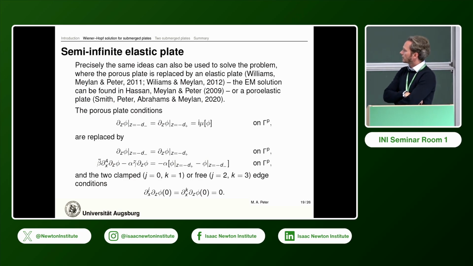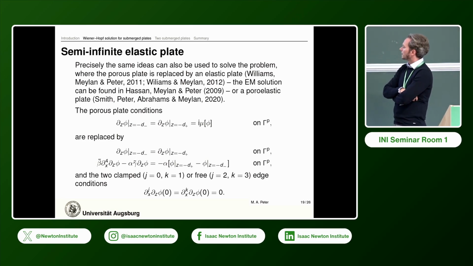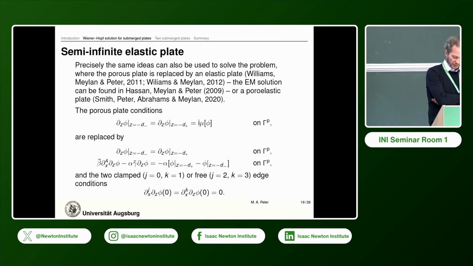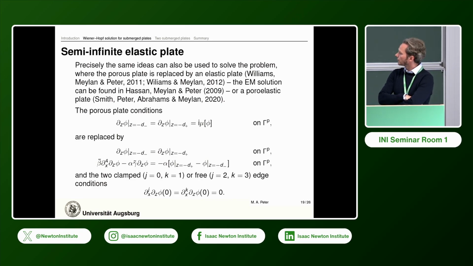Then we have the edge conditions, which typical ones are either clamped or free, and they're conditions on the derivatives of the displacement. But if I express that in terms of the potential, then this is what it looks like.